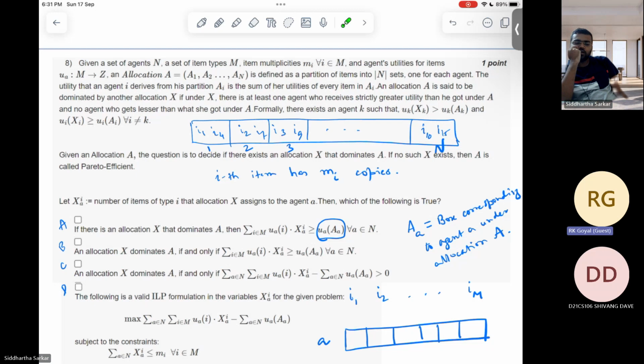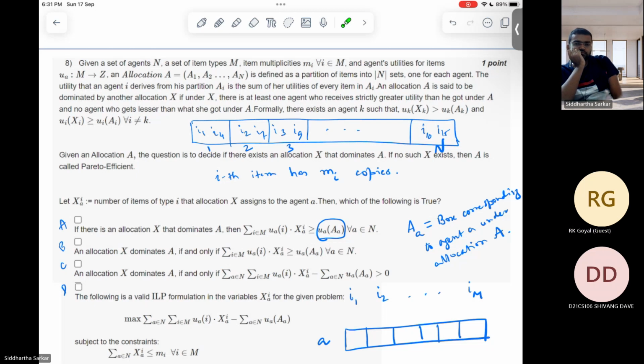So how do we establish the dominance that at least one agent received more? Since we are focused on one particular agent, small a only, this inequality is specific to the agent small a.